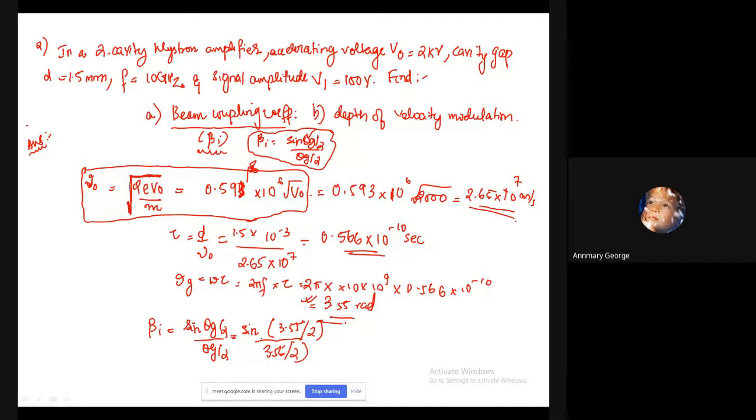What is the answer of beta i? It is 0.553. Therefore, we have got the value of beta i as 0.553. Have you completed this part, beam coupling coefficient?